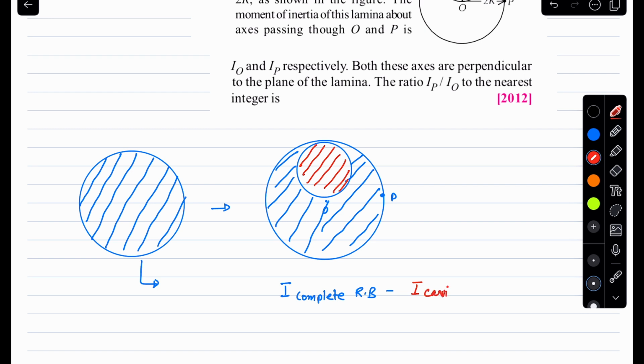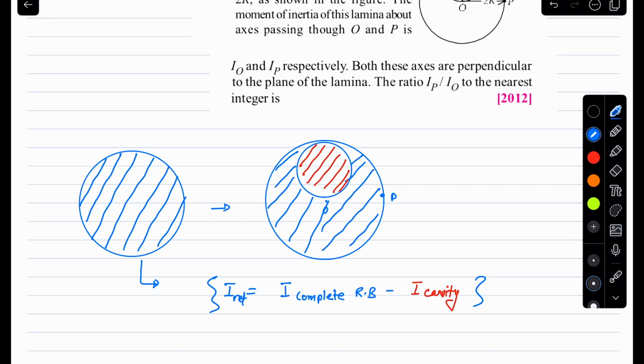That gives you the net moment of inertia at any place, right? Here we are not going to take the mass negative. We are just taking the complete object, finding the I of this complete object, and then from that subtracting the I of the cavity.